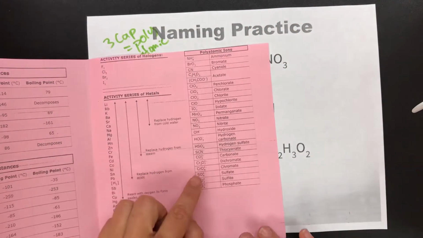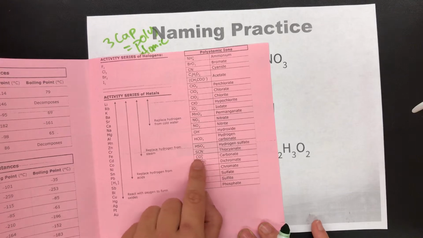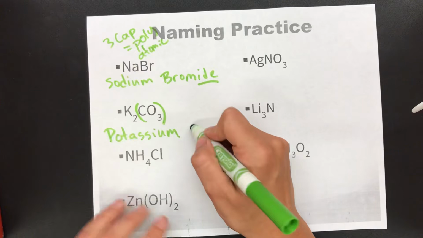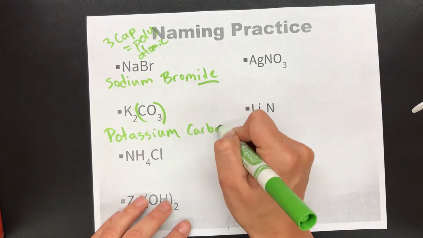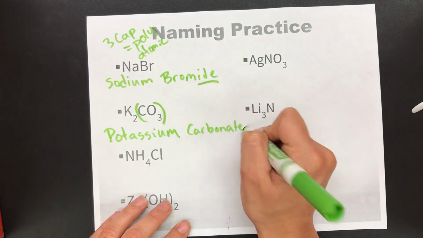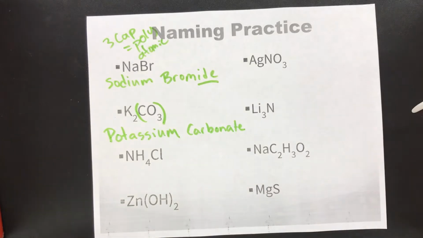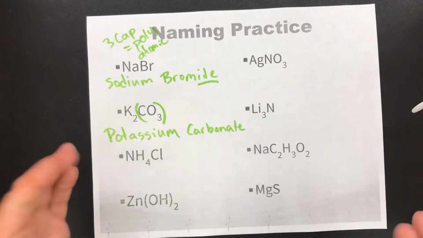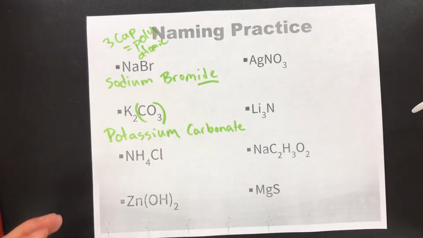Now this polyatomic list is longer than what you have, but it's still the same kind of thing. You're going to find CO3, and you should see CO3 is carbonate. Now, do we change the ending to that one? The answer should be no, because it is a polyatomic. That is it. Do not make it harder than what it is. You literally just name the parts. Don't make up any kind of crazy rules or anything like that.